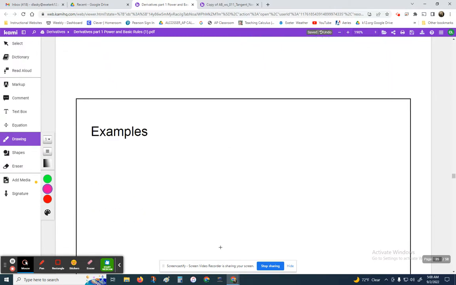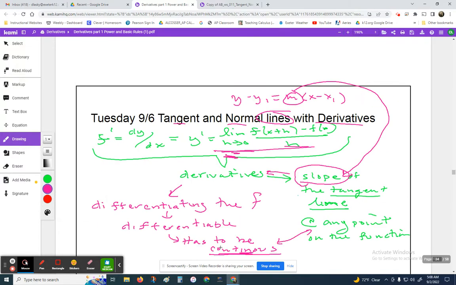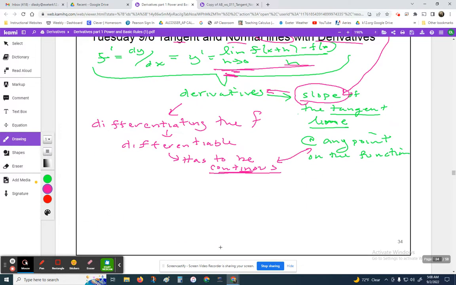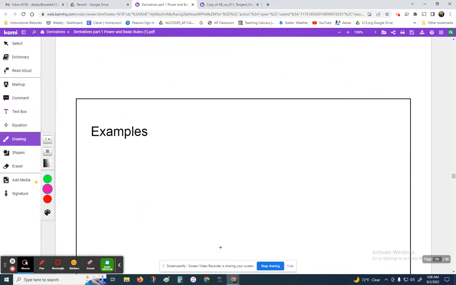So now let's just look at this. I'm just going to make stuff up because it's just easier. You got a bunch of stuff to do today, and we'll do a couple in class, but I want to go over a few things. Let's just find the tangent line at x equals 9.